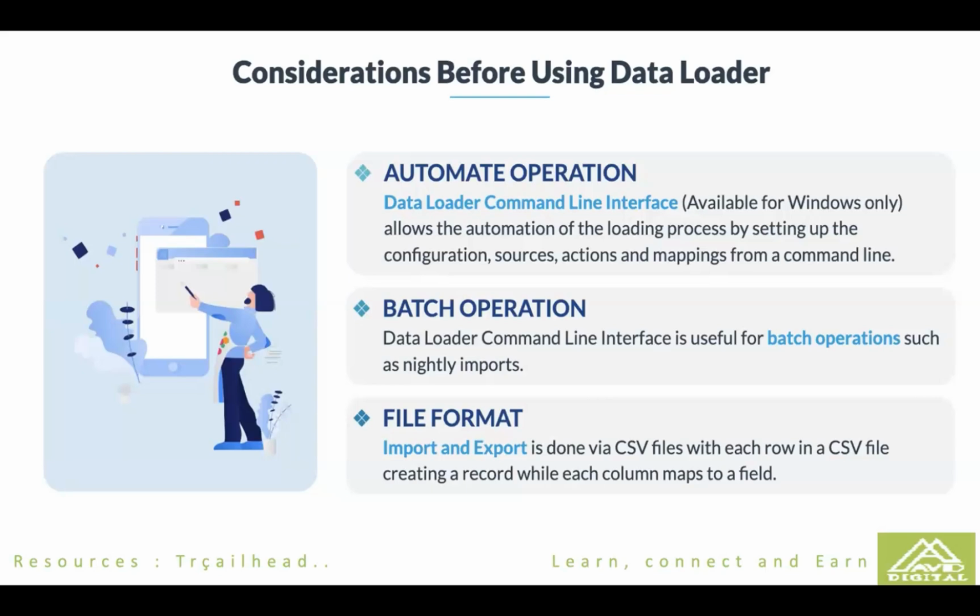File format. Import and export are done via CSV files, where each row in the CSV file is a record to be created, and each column is mapped to a field. The columns on your CSV file must be mapped to a field on your Salesforce platform.